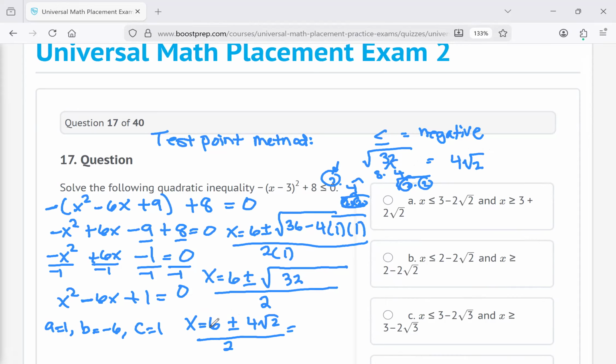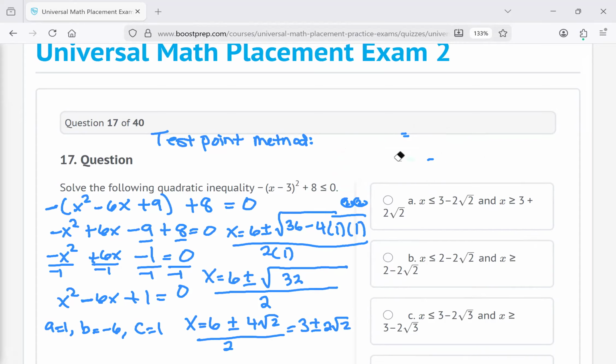And then divide everything by 2. So 6 divided by 2 comes as 3, plus or minus 4 divided by 2 is 2, and then we have that radical 2. So we have two x values. Here, let me erase. So now what I'm going to do is put it on a test line.